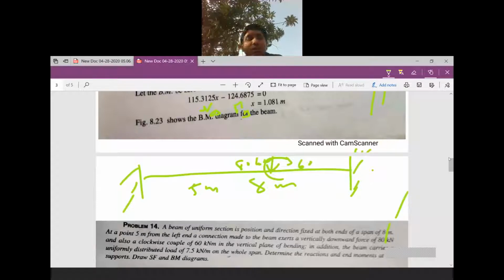The beam carries a uniformly distributed load of 7.5 kilonewton per meter on the whole span.